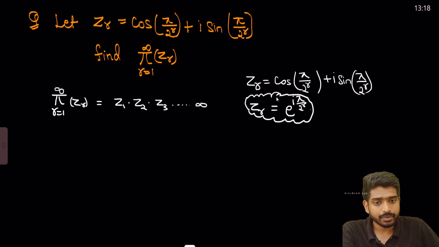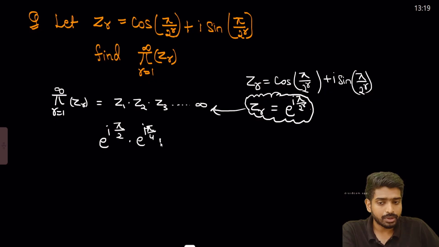Now we'll use this to calculate the product till infinity. First we keep r value as 1, so we get e to the power iota pi/2, multiplied by e to the power iota pi/2 squared, multiplied by e to the power i pi/2 cubed, multiplied by e to the power i pi/2 to the power 4, multiplied by e to the power i pi/2 to the power 5, and so on till infinity.